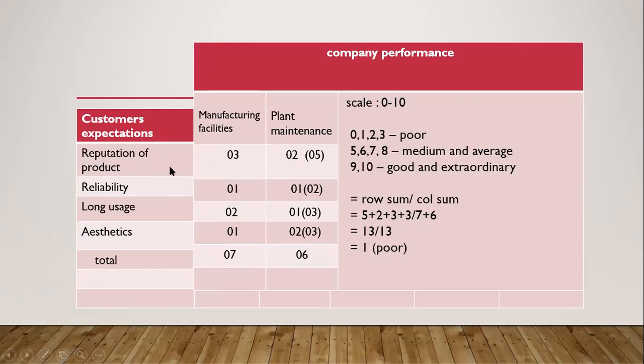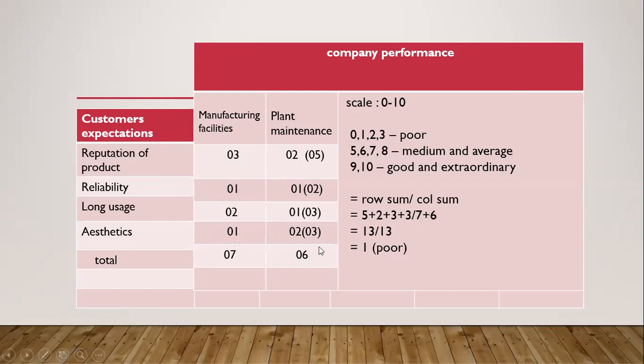For example, you take the reputation of the product compared with the manufacturing facility and plant maintenance. These are not fairly rated. Similarly, under each technical parameter, the scores assigned are not up to the expectation from the customer viewpoint.